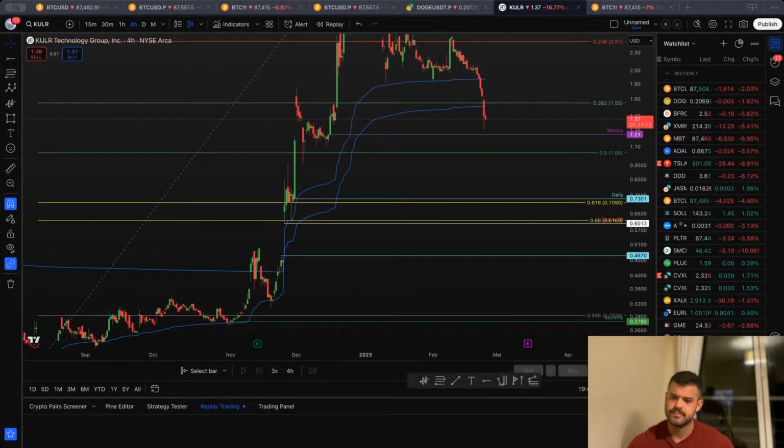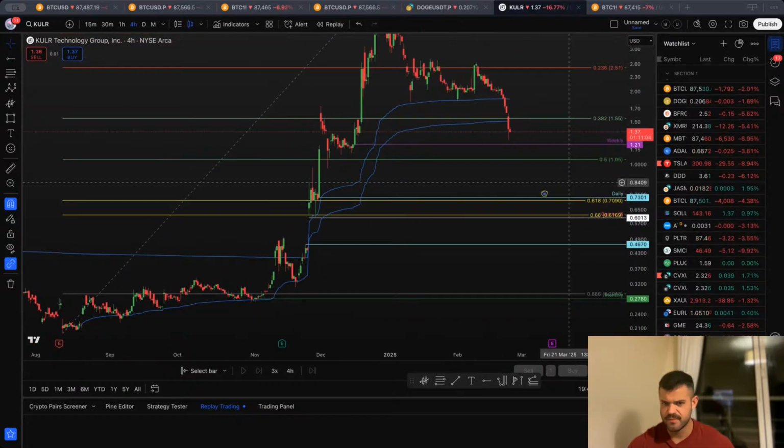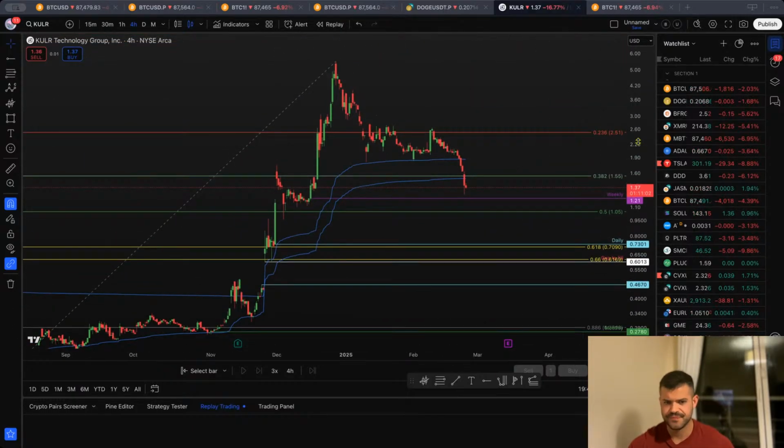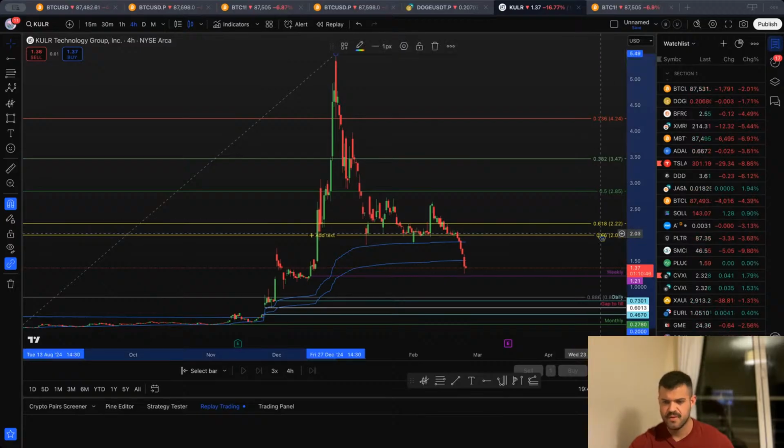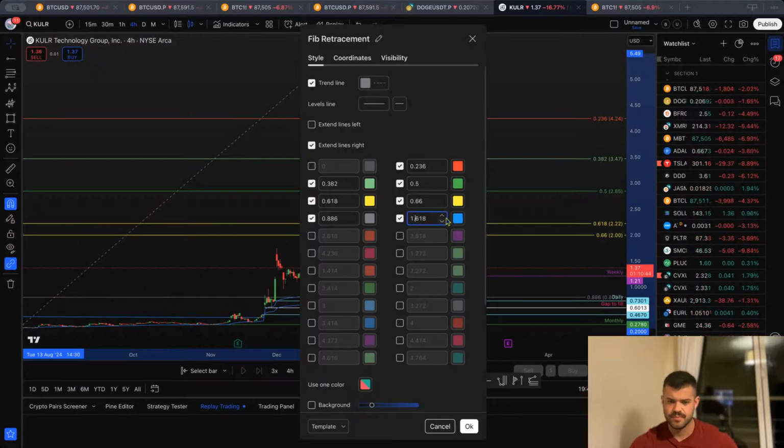Right. KULR, okay. Thereabouts done on this. But I think because it's in a downtrend, I'd look for 70. If I was going to look for an entry, I'd look for 73. On the 764.